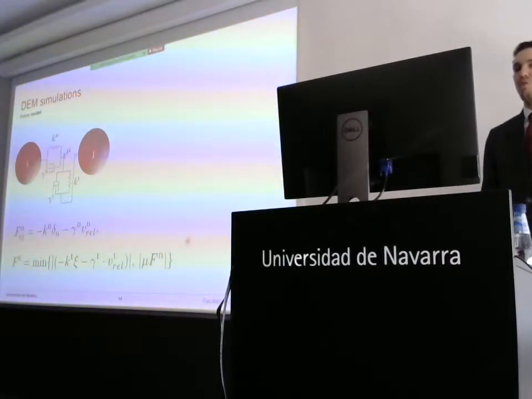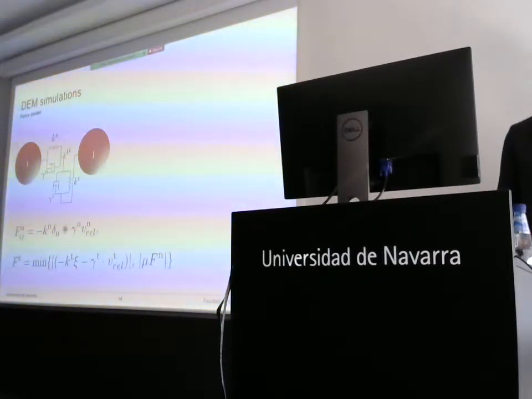We have this force model that we can use to obtain the normal and the tangential force, and it has two different contributions. The first one is an elastic one, and the second one is the viscous part of the interaction. So these forces are not conservative. And the tangential force has to obey the Coulomb friction constraint.